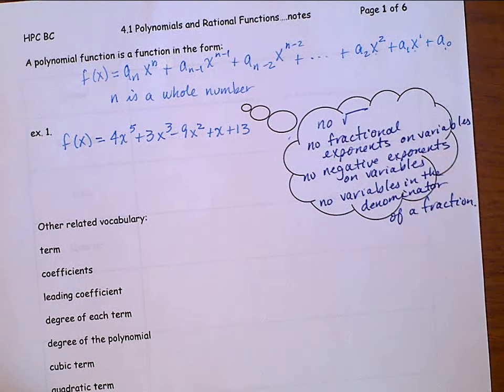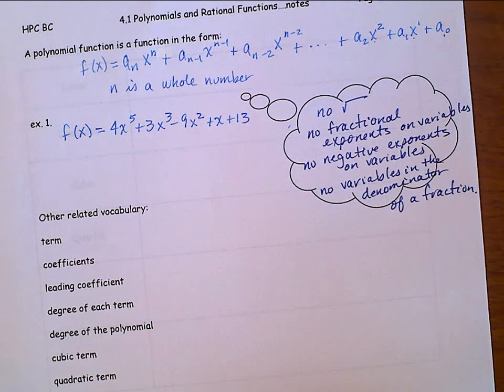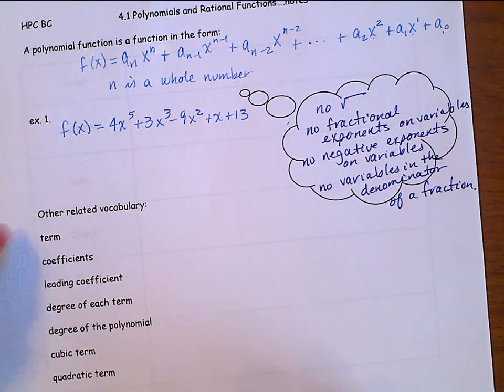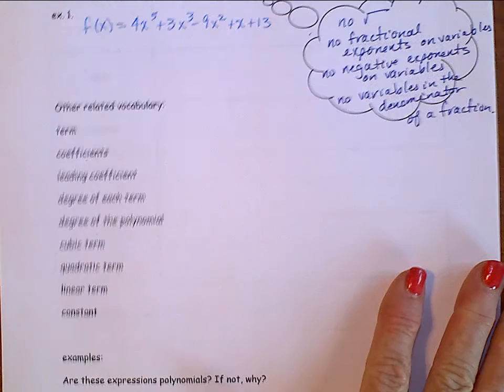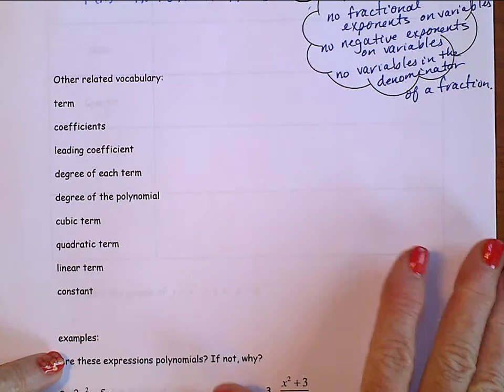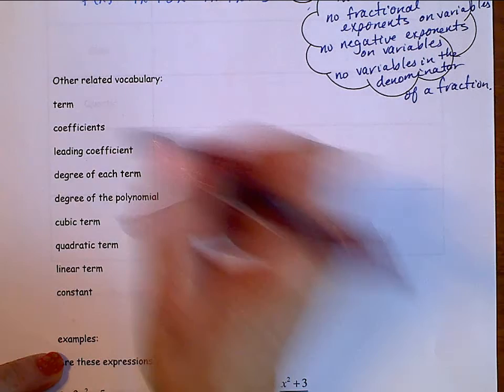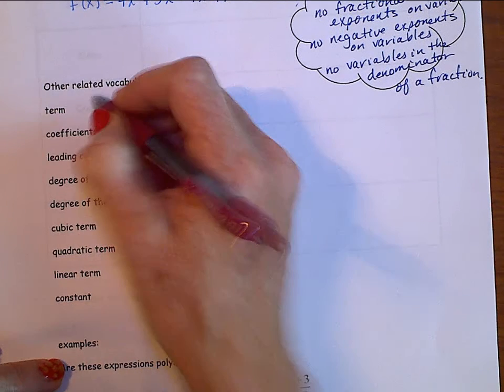Some other related vocabulary that we need to talk about. You've heard most of these words before, but let's run through them and iron them out and make sure we have them. A term is the product of a constant and a variable.